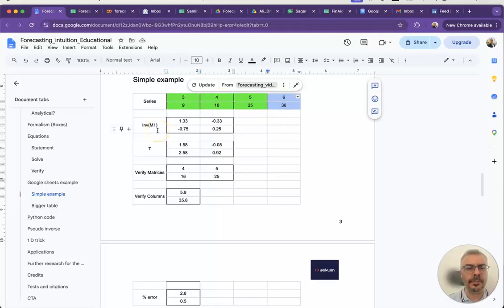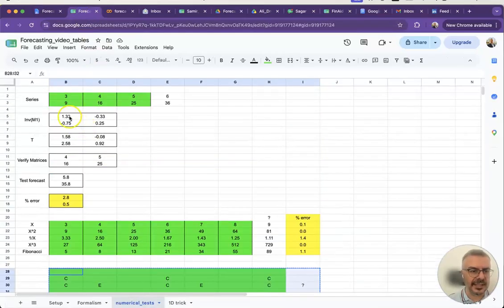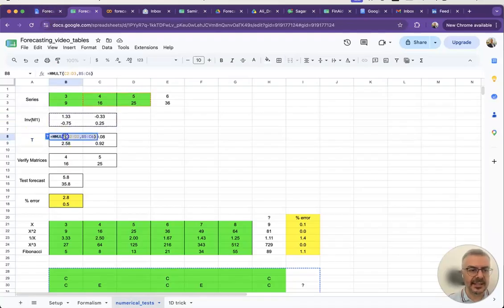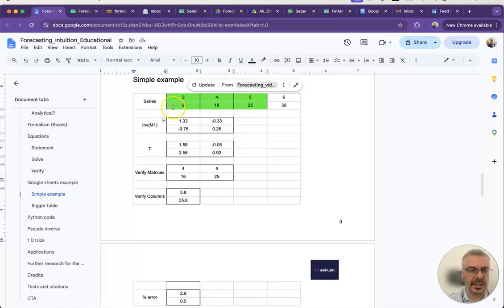Let's take it into Google Sheets. So the inverse of M1 is very simply stated here. M equals the inverse of M1, and that's what I obtain. Google Sheets will do it for me. And then T is the multiplication of this inverse by M2, or M2 times the inverse.